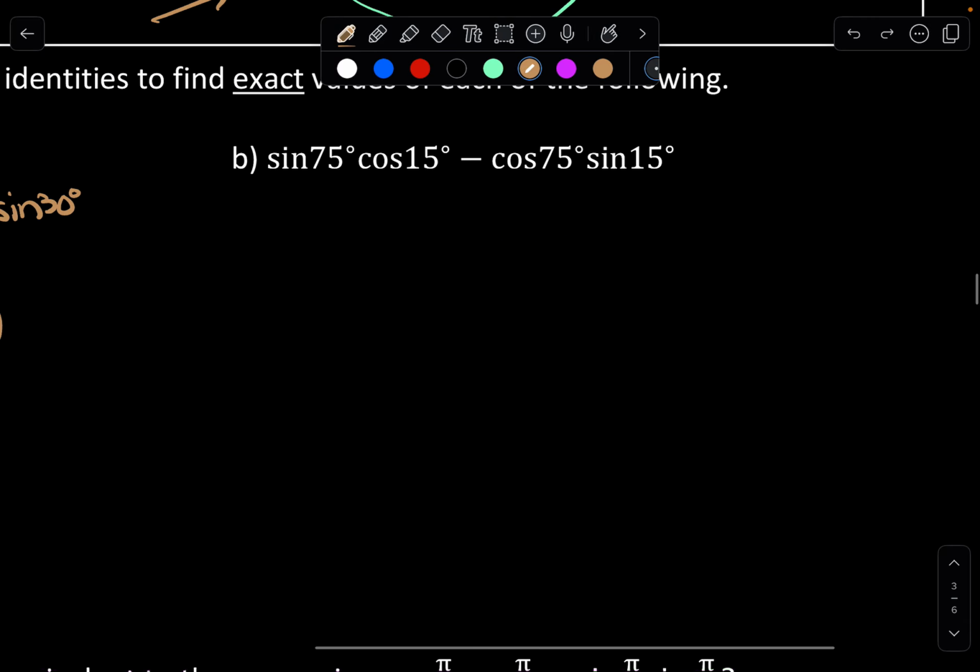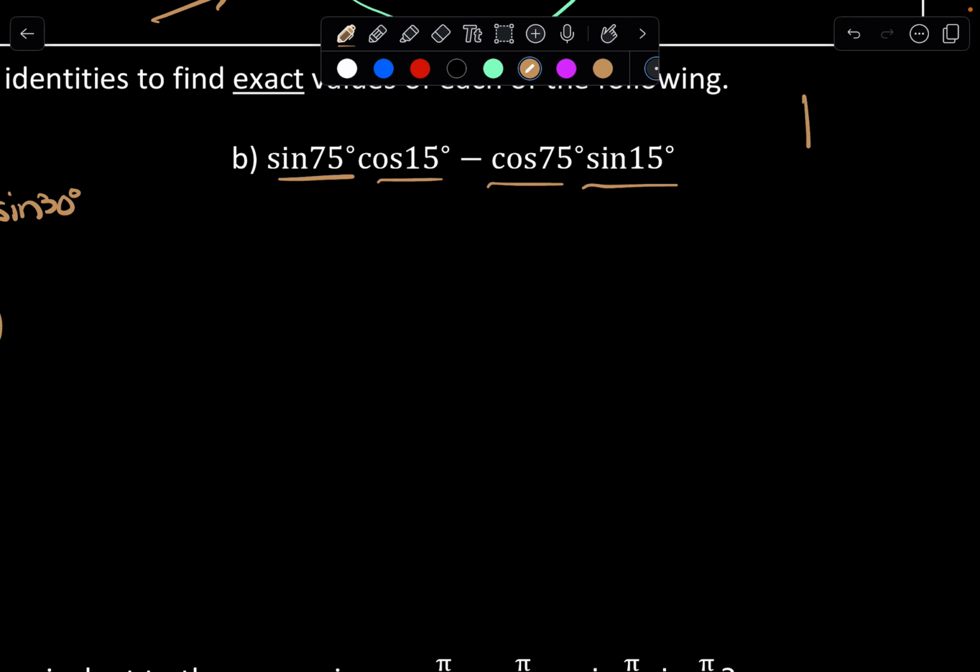All right, next we are working in reverse. So now I have the expanded version. I see sine of 75, cosine of 15, cosine of 75, sine of 15. These are not on our unit circle, all right? So let's try something else. Let's try condensing it. It looks like we're doing sine because I see that sine and cosine are paired, and we have subtraction.